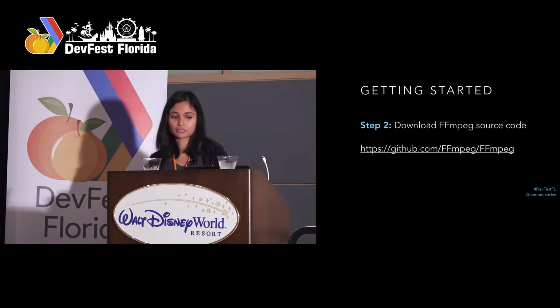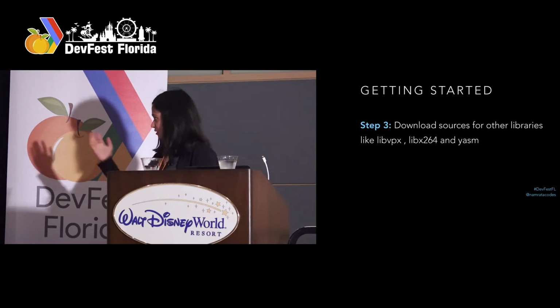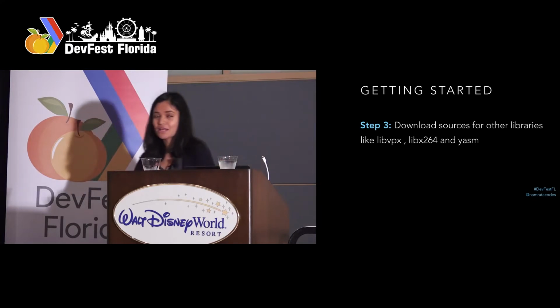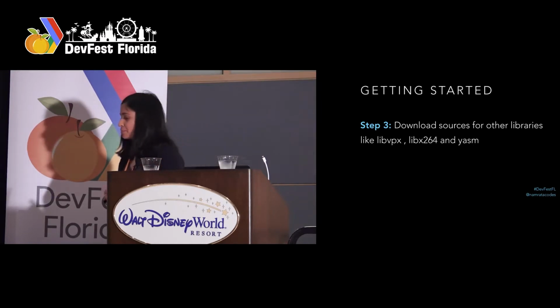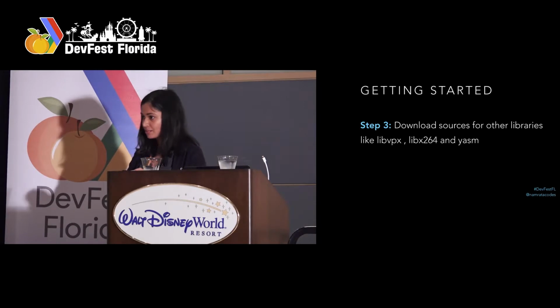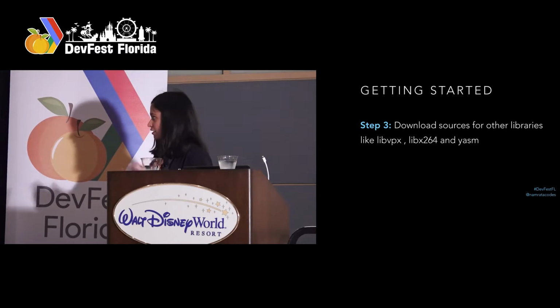Then I downloaded the FFmpeg source code from their GitHub repository. So FFmpeg provides support for a lot of different codecs, but popular codecs like H.264 and VP8 are not supported. However, there are other third-party libraries you could use for this, and you can integrate them with FFmpeg so that the compiled executable would support encoding and decoding these formats.